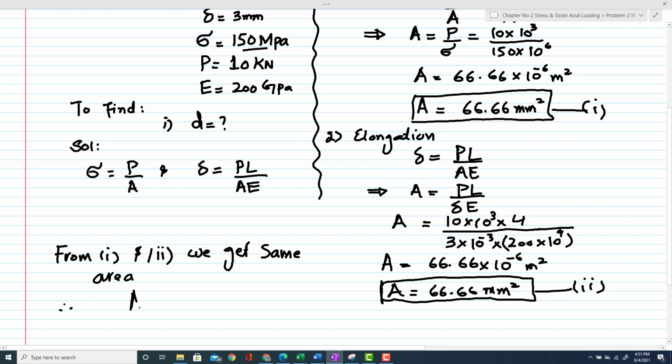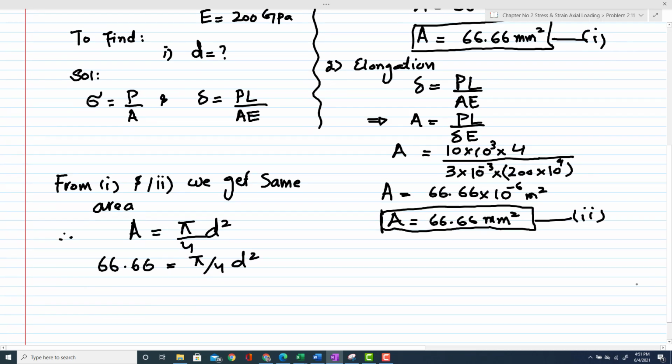Therefore area is equal to pi by 4 d square. If both areas were different, then we would have to take the largest area, but in this case both values are the same, so we are going to take one of them. So 66.66 is pi by 4 d square. So d square will be equal to 4 into 66.66 divided by 3.1417, which is the value of pi.